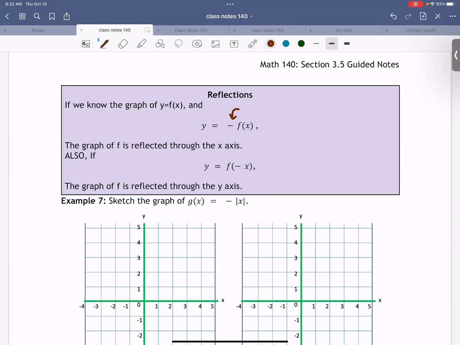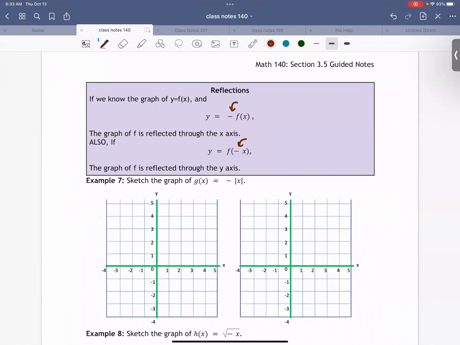We can also have a reflection about the y-axis, and here the negative sign is attached to the x. It's not attached to the function. So I want to go over this a little bit and have you see the difference between reflecting about the x-axis and y-axis.